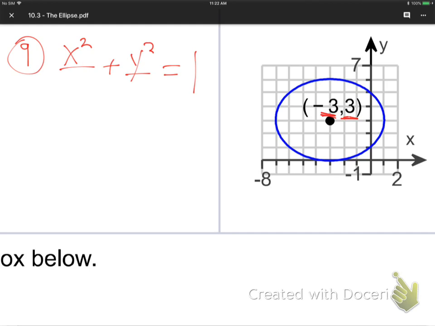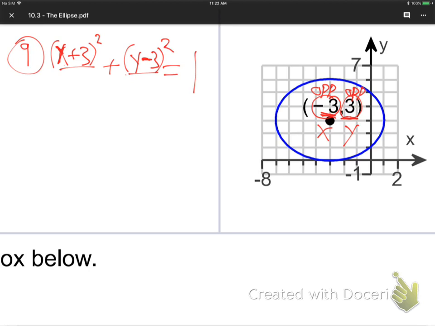This is the x, this is the y. It's going to be opposite in the equation. They have a minus 3 for x, so it'll be x plus 3 squared. And for the y, they have plus 3 here, so it'll be y minus 3 in the equation.